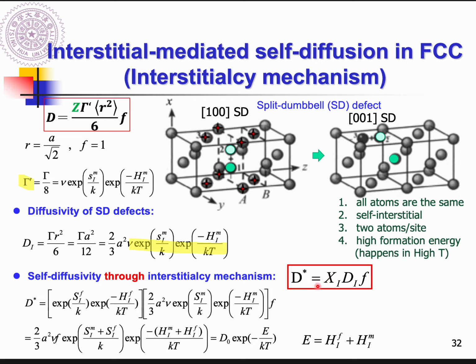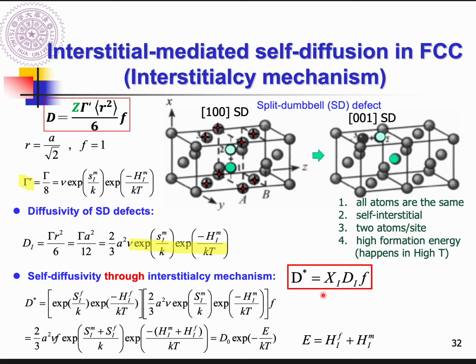Xi is the fraction of self-interstitial defects, and Di is the diffusivity of the interstitial defect. This result is the same as what we learned in the vacancy-mediated diffusion mechanism, where it is Xv times Dv times f, because there is a vacancy nearby. So the idea is the same, easy to remember.